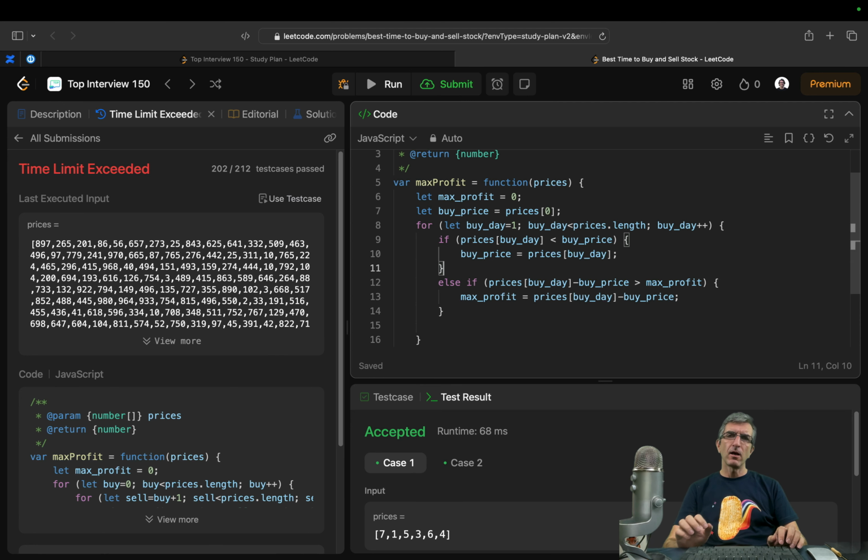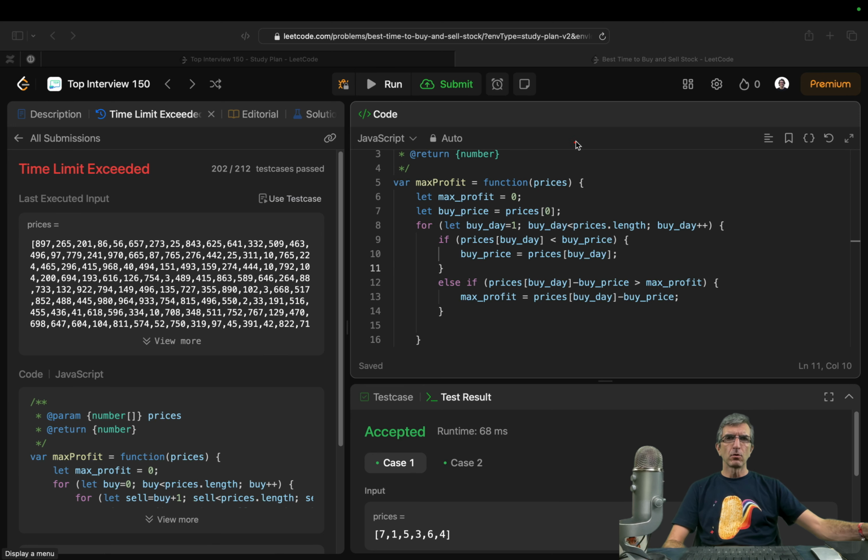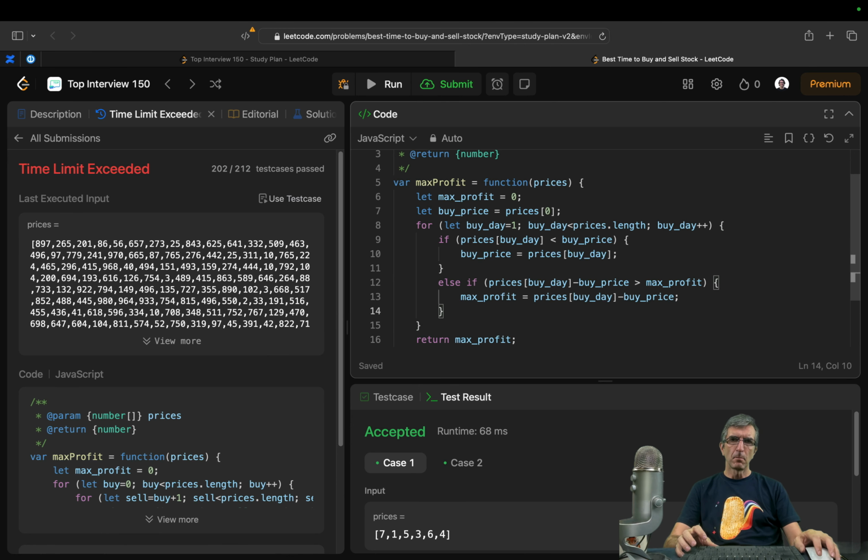So I'm saying start, imagine that your max profit is 0, then your buy price is your first day. So you start. Then check all the days. And if this specific day's price is less than what you bought, imagine that you bought this day. Otherwise, if the profit you can make by selling this specific day is larger than your max profit, update your max profit and return your max profit.